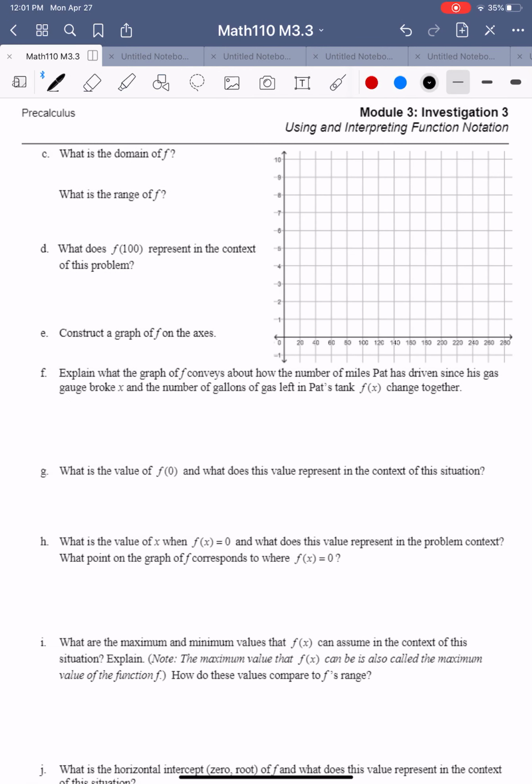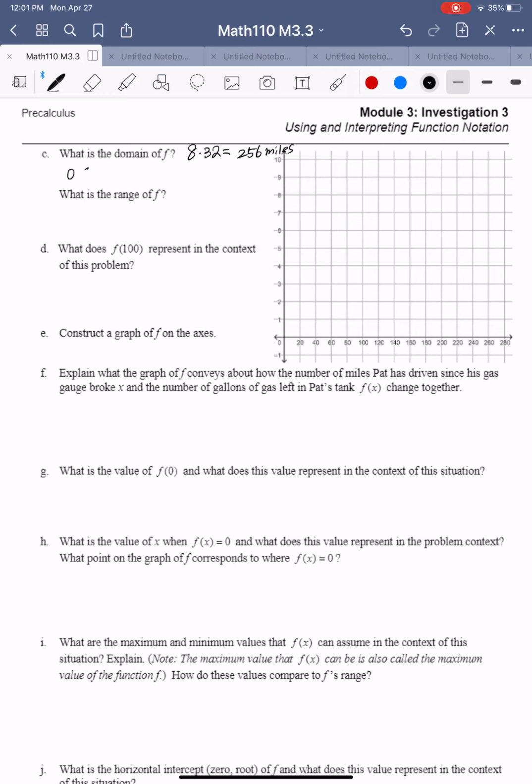Okay, so what is the domain of f? The domain of f is about how many miles he can go. He only has 8 gallons, and multiplying by 32 miles per gallon, he can go 256 miles.